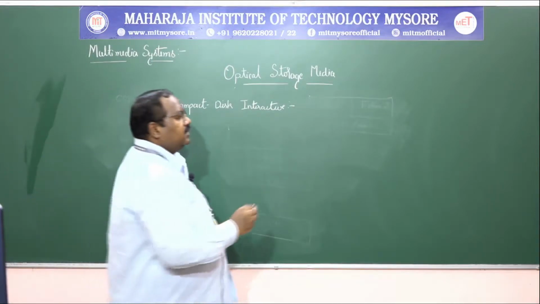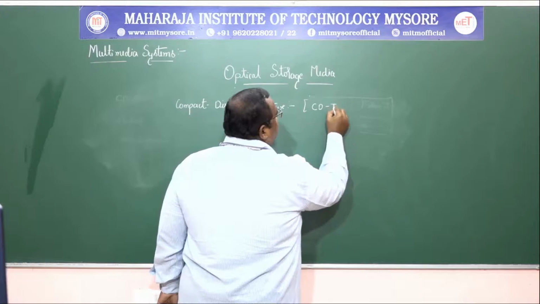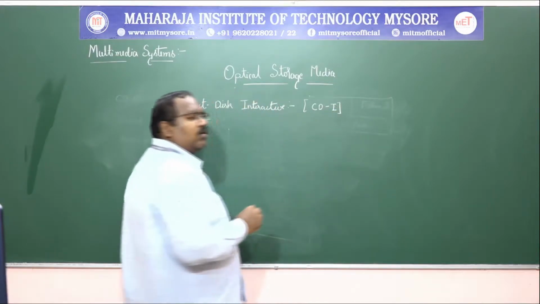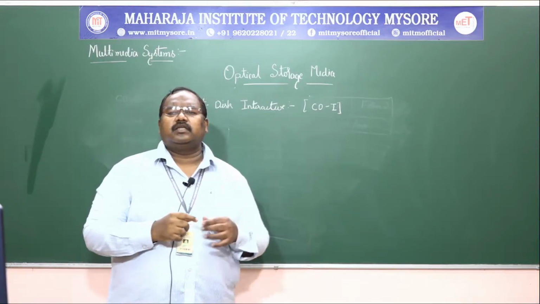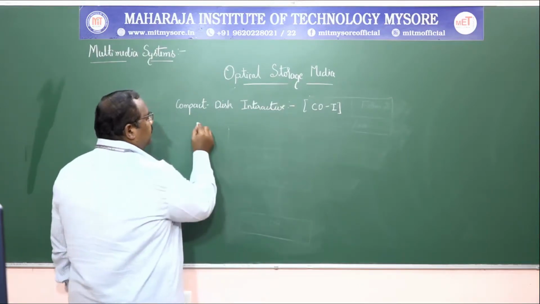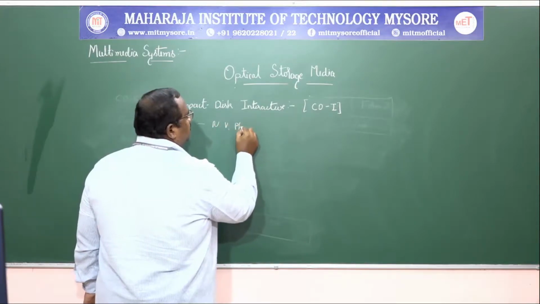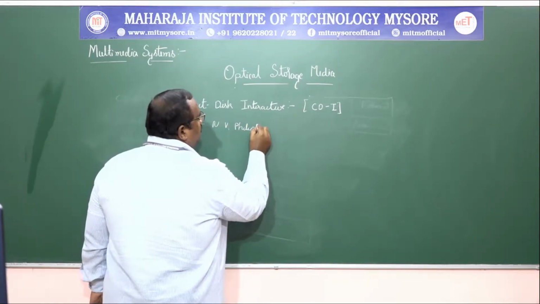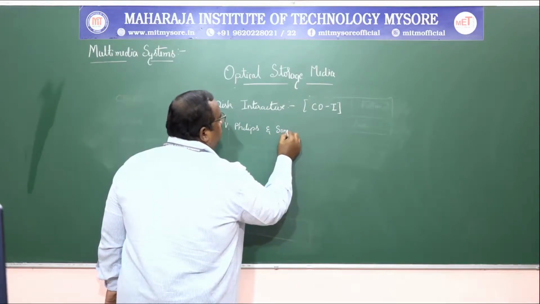It is represented as CDI with capital letters. What is the difference between the previous version and this version? This is also developed by NV Philips and the Sony Corporation.